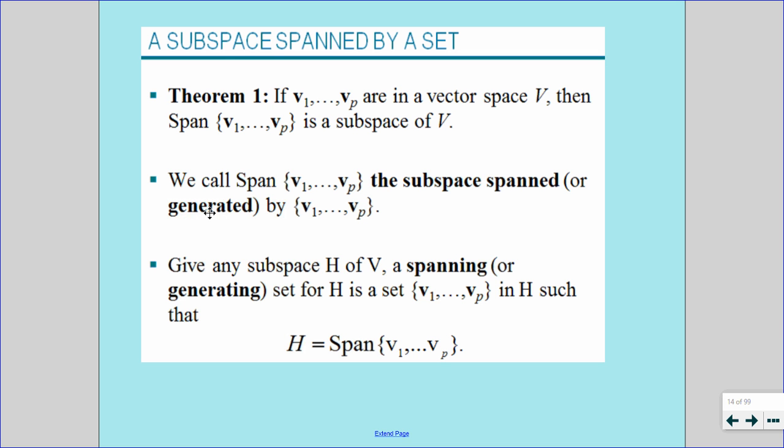And given any subspace H of V, a spanning or generating set for H is a set V1 through VP in H such that H equals the span V1 through VP. So that is some more language regarding how we can create a subspace of a vector space using a span.